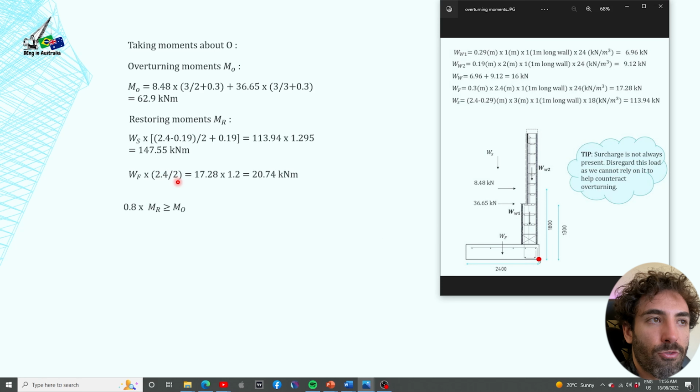So that's 2.4 divided by 2, and 17.28 times 1.2 is equal to 20.74 kilonewton meters.